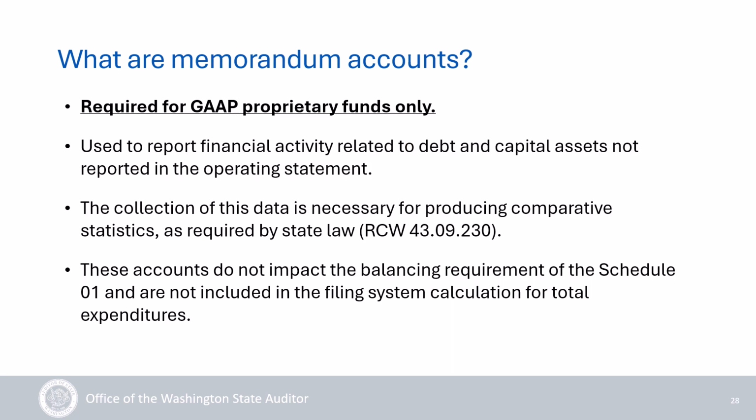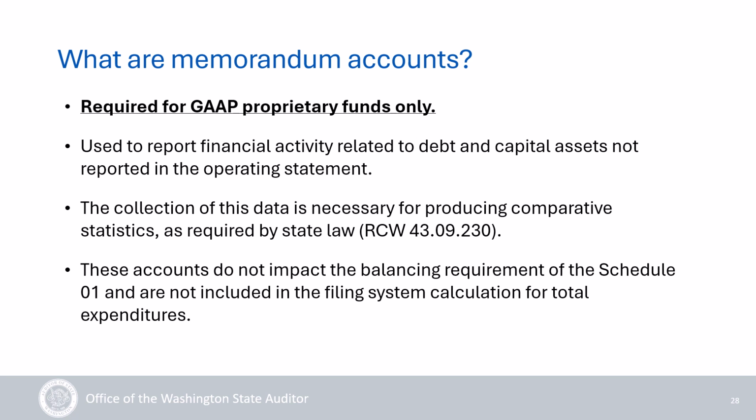Now let's talk about memorandum accounts, which are only applicable to GAAP proprietary funds. These accounts are used to report financial activity related to debt and capital assets, which are not reported in the operating statement, but provide valuable information. The collection of this data is necessary for producing comparative statistics, which the state auditor's office is required to do based on state law.